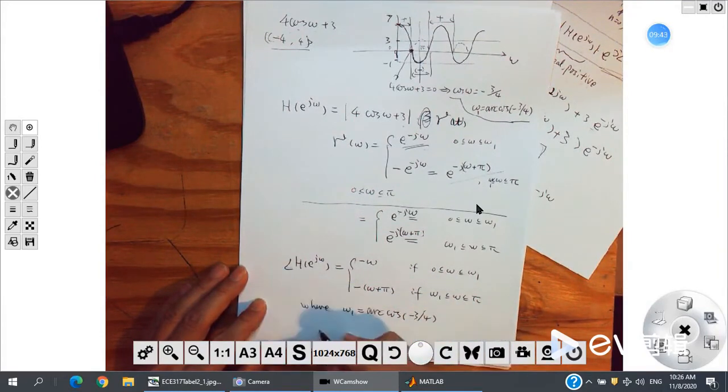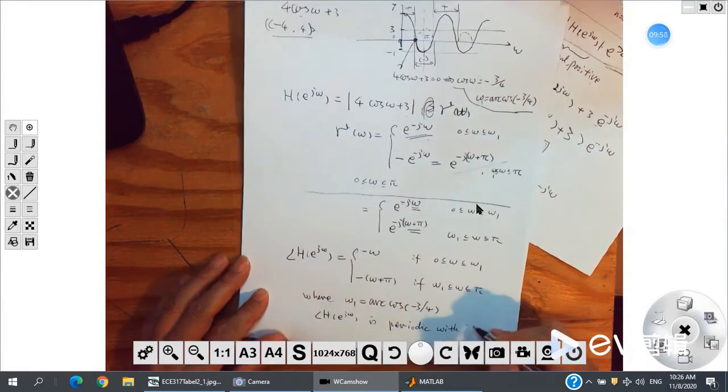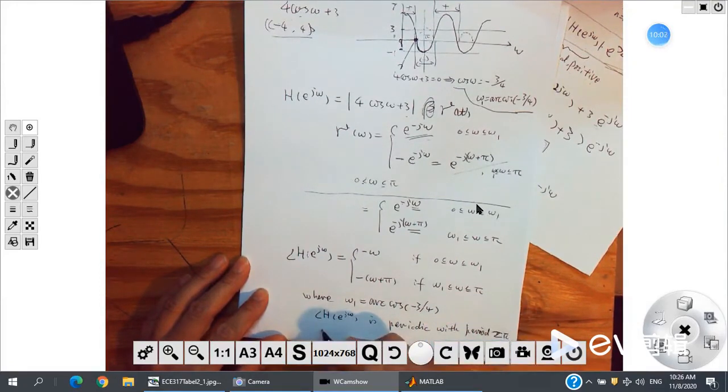Here the overall omega is between 0 and pi, and we know the angle is periodic with period 2 pi, and it is odd in negative pi to pi.